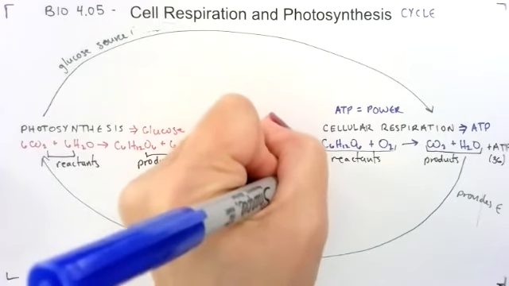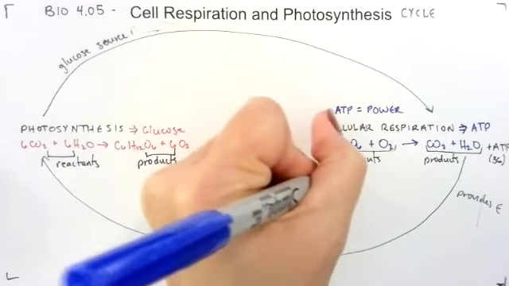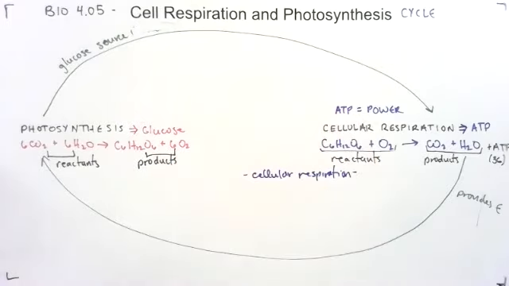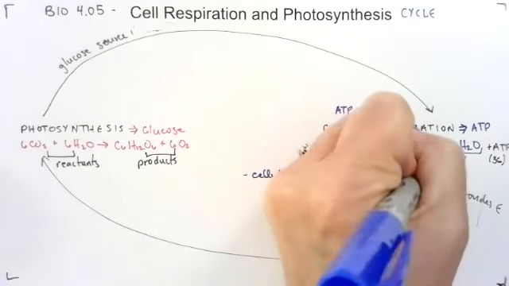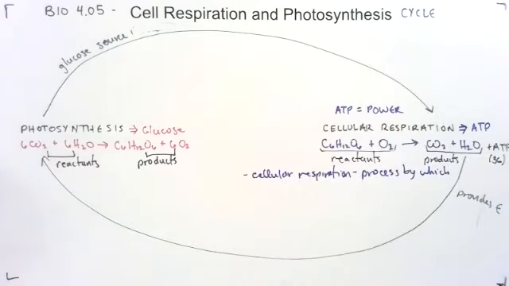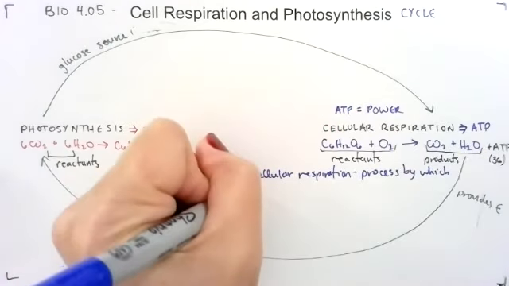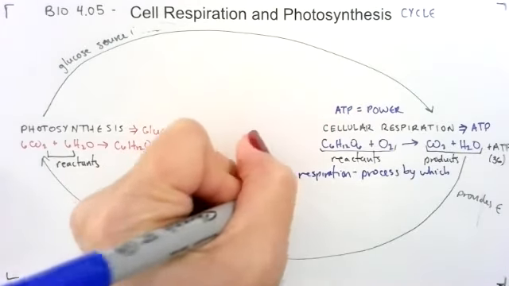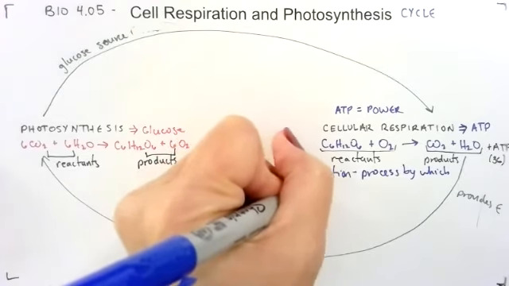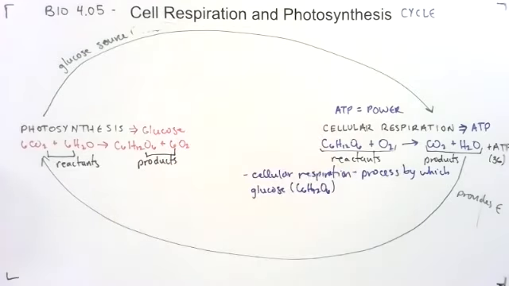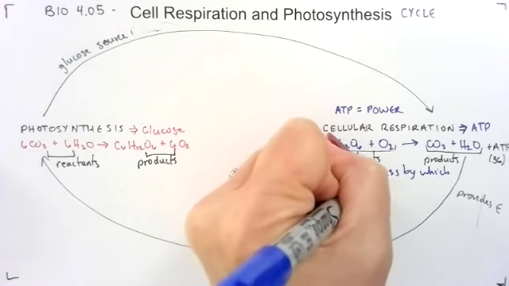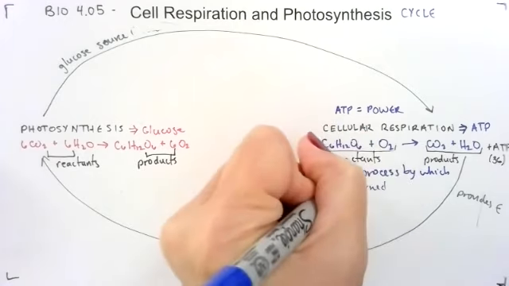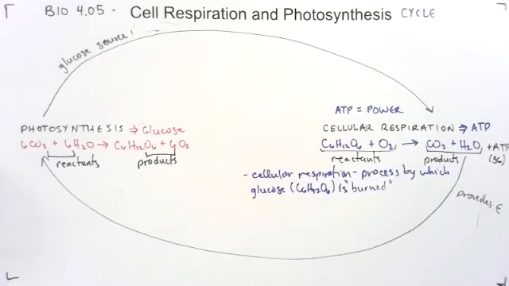Cellular respiration is the process by which glucose, C6H12O6, I'm going to put in parentheses burned.